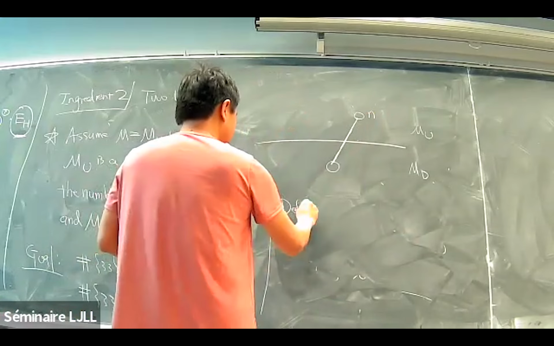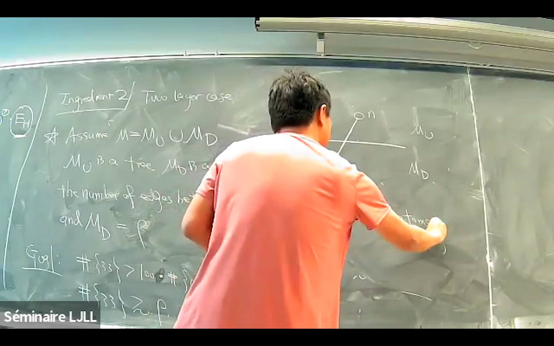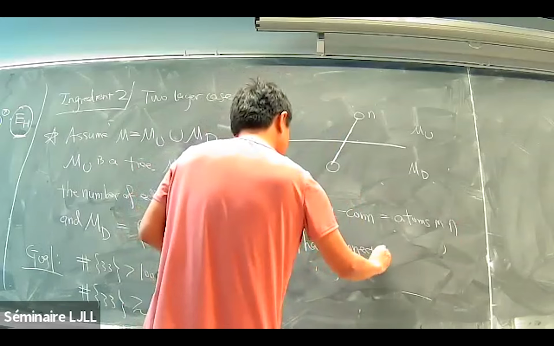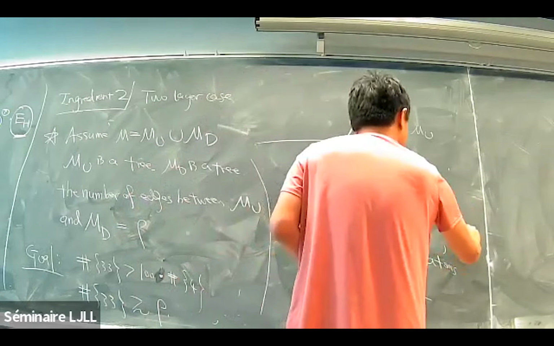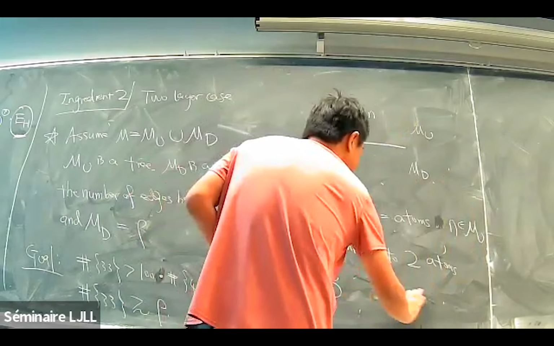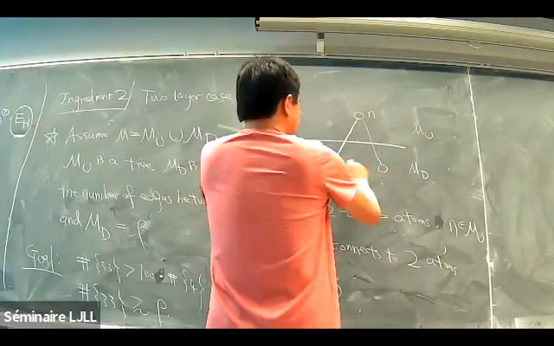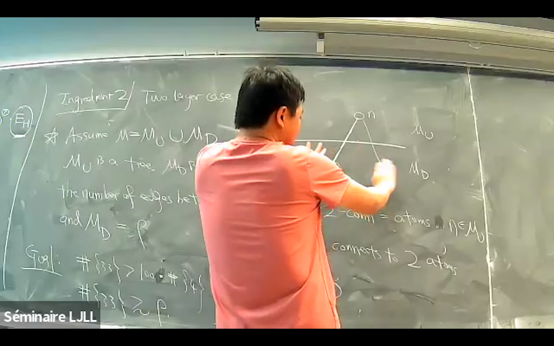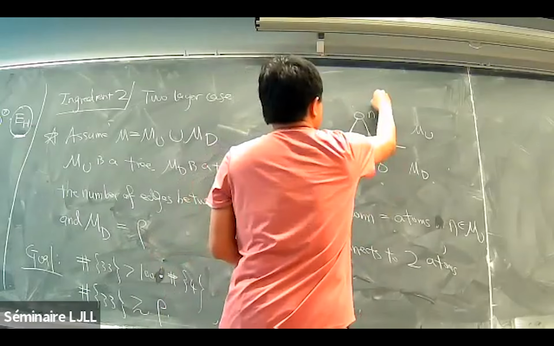So define the 2-connection atoms N in MU that connect to two atoms in MD. Think of it as two particles that collide and have a recollision. They have a number of collisions in MD, but they have recollision in MU. So this is the two connections.